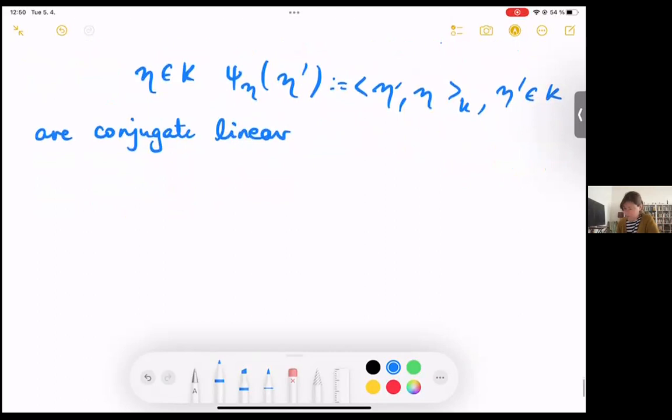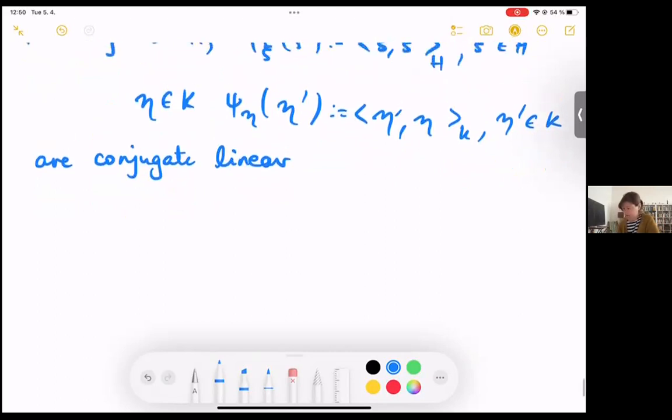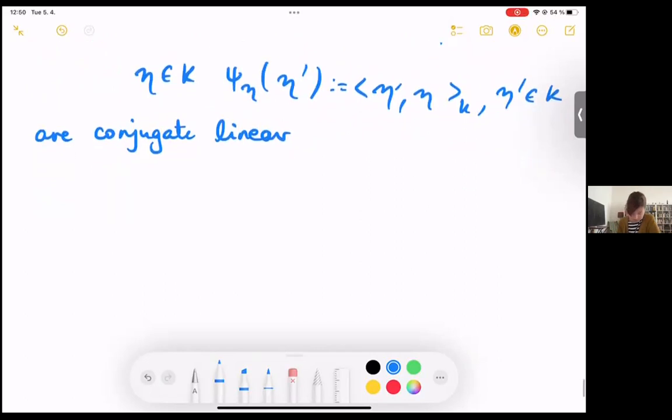And so we can define their tensor product, which I will denote by phi psi tensor eta, and apply this to an element in the tensor product.